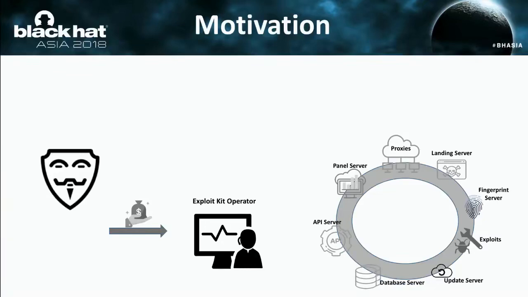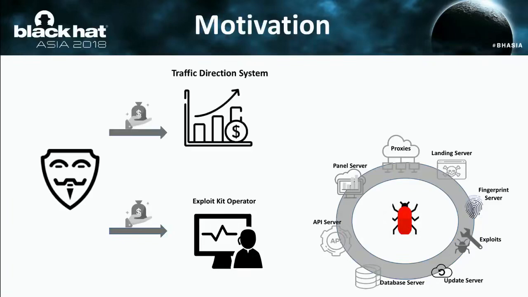The attacker only needs to upload the malware he would like to use for the campaign to the attack infrastructure, especially to the panel server, through the web interface. In order to get web traffic redirected to the exploit servers in the attack infrastructure, attackers recently abuse traffic direction system services, also called TDS.